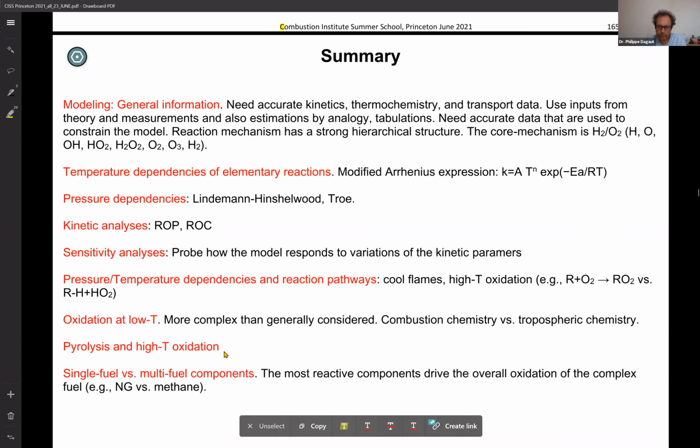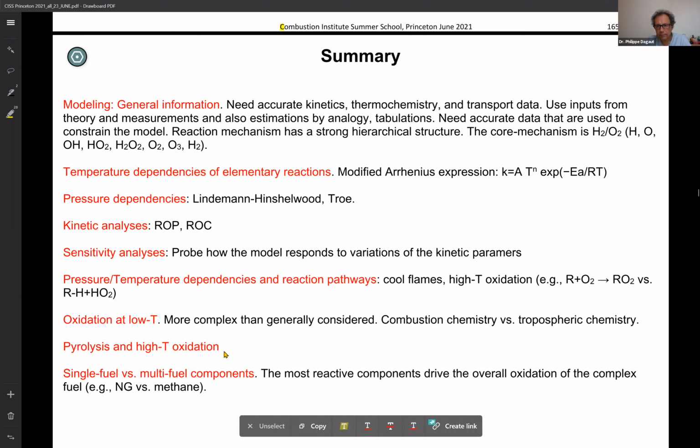Another example could be the introduction of ethanol in a mixture. Ethanol has very low tendency to oxidize in the cool flame region, at low temperature. But if you mix it with a long chain hydrocarbon or a methyl ester, then the radicals produced through the oxidation of these larger molecules in the low temperature regime will initiate the oxidation of ethanol.